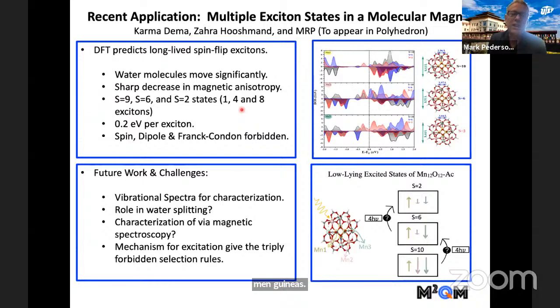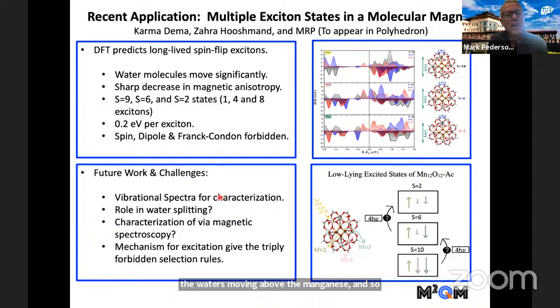They're very forbidden. They're spin forbidden, they're dipole forbidden, and they're Franck-Condon forbidden. The reason they're Franck-Condon forbidden is because the water metal distance changes by an amount that's very large compared to the vibrational Debye-Waller factor or whatever it is associated with the waters moving above the manganese.